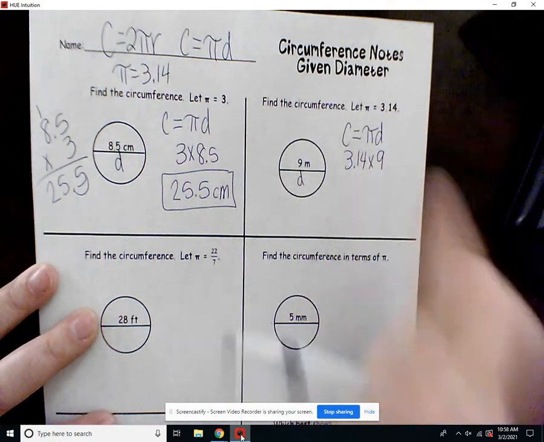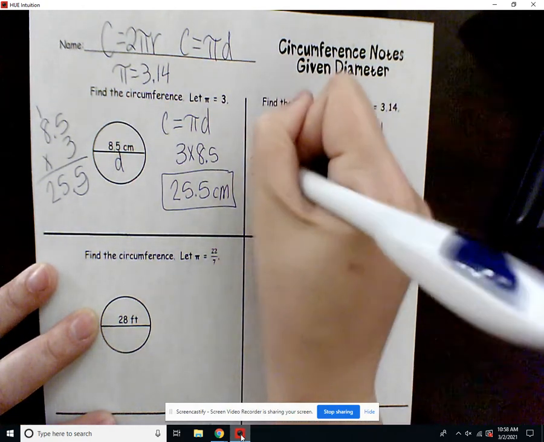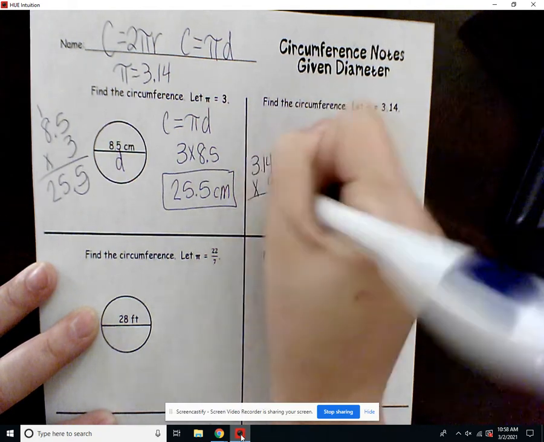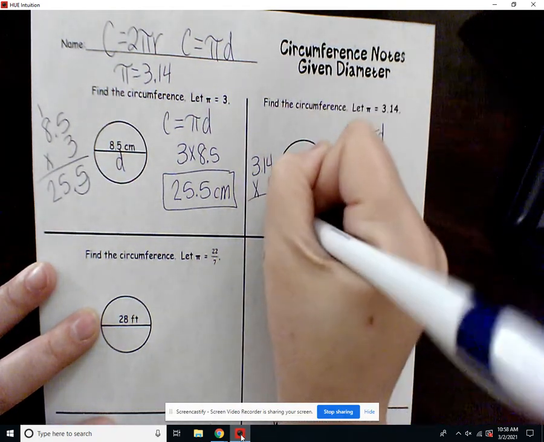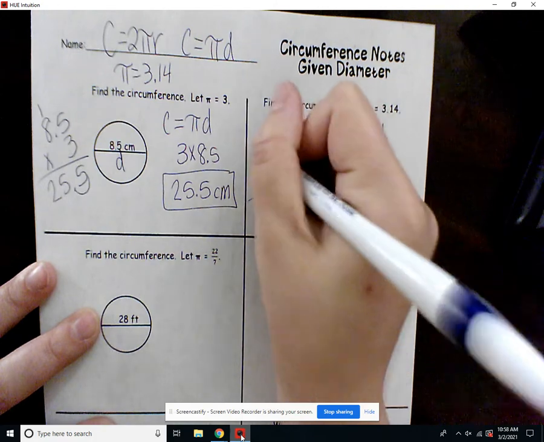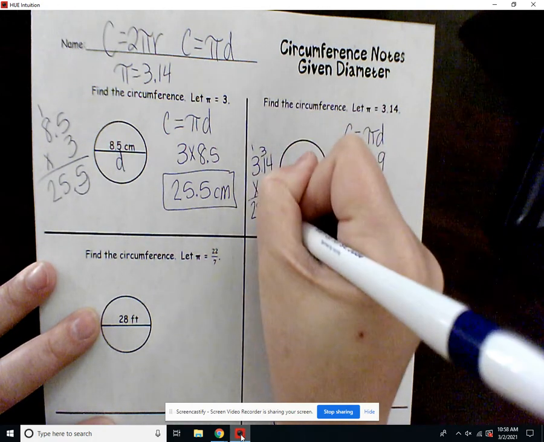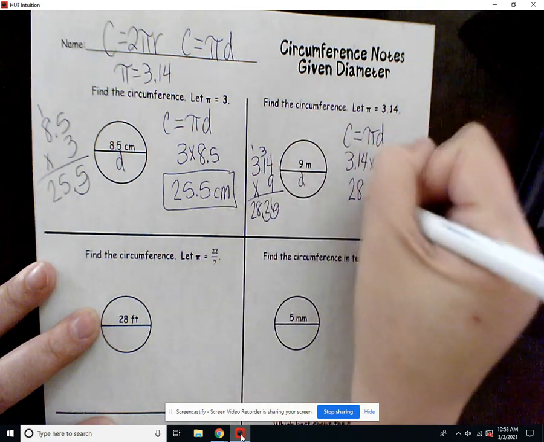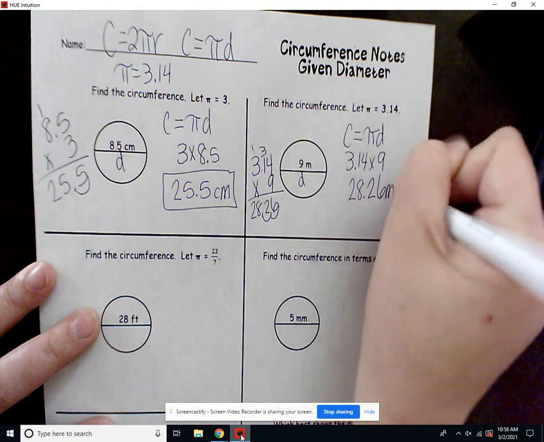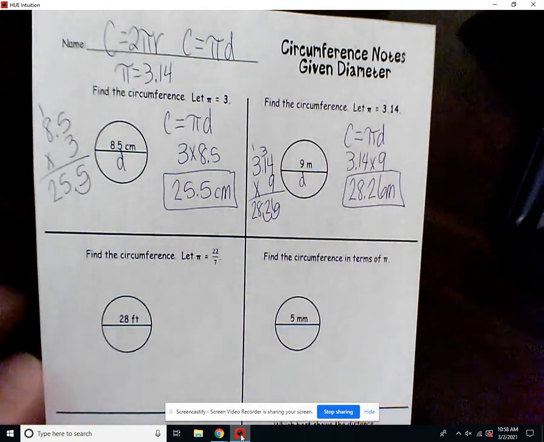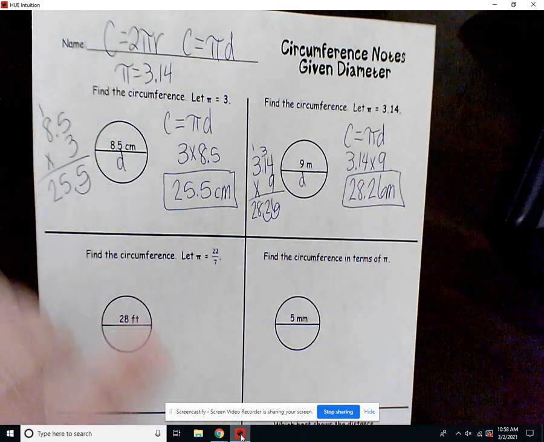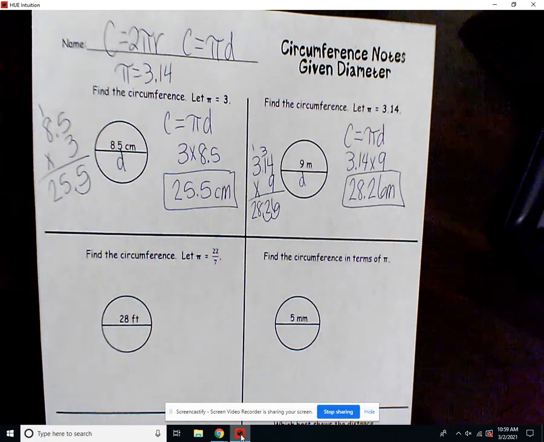So we multiply those two together, 3.14 times 9, and we get 28.26 meters. Okay, and you'll start to see a lot of the same numbers pop up, so you'll be familiar with multiple answers, like, oh, I remember this one. It keeps coming up over and over again.